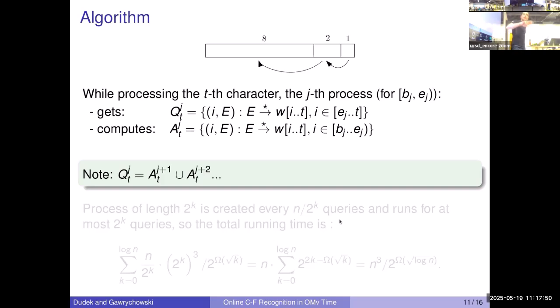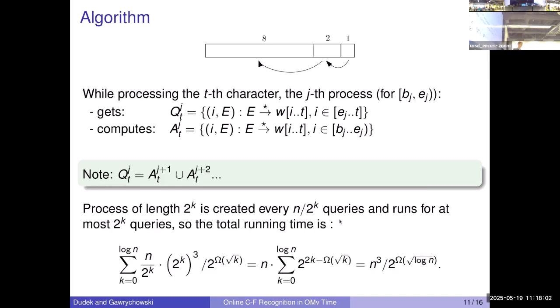But what's important is that the input to the j-th process is basically the output from all the smaller processes behind it. So then, a process of length 2^k will be created every n divided by 2^k queries and will run for at most 2^k queries. So the total running time of all the processes in our structure is exactly what we want.